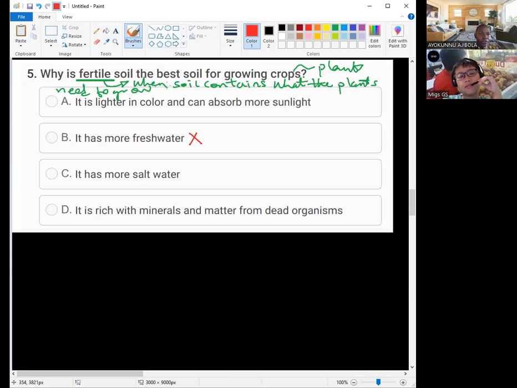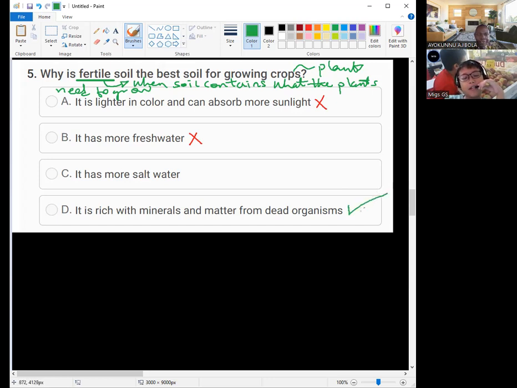A soil is fertile when it is lighter in color and can absorb more light. Not really. So you have two more options. Check the last two options. It is rich with minerals and matter from dead organisms too.